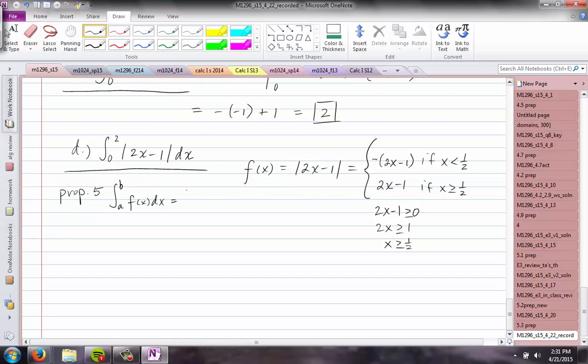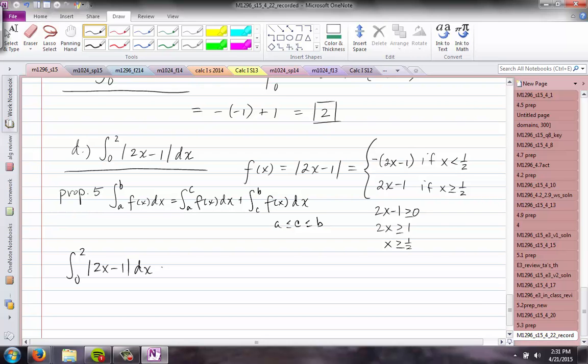That is equal to the integral from a to c, where c is between a and b, plus the integral from c to b. So that's the property.